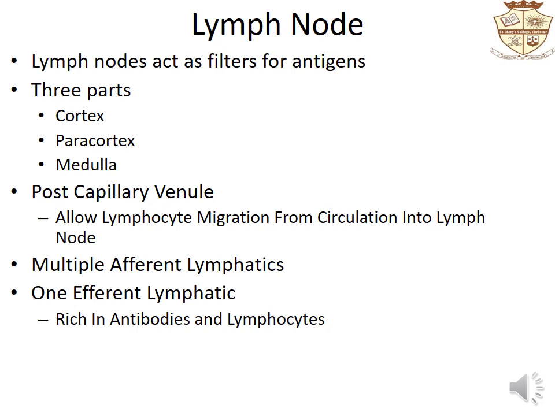Coming to the lymph nodes, they are encapsulated bean-shaped structures containing lymphocytes, macrophages, and dendritic cells in a reticular network. The lymph nodes are present at junctions of the lymphatic vessels. They act as filters for antigens. They are the first organized lymphoid structure which will encounter antigens.